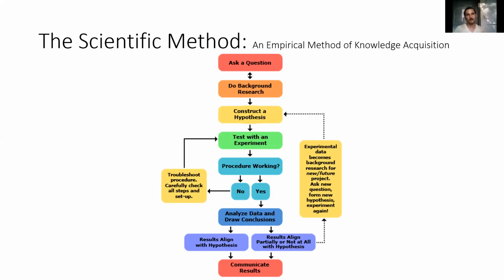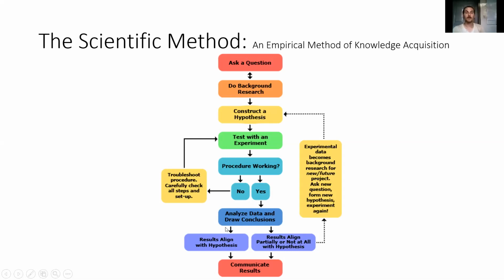And so we have to repeat the experiment and fine tune it and troubleshoot it. But whatever the case, hopefully we get to some kind of conclusion down here where we are analyzing data that we collect and we draw a conclusion. And of course, even when results align partially or not at all with the hypothesis, it's just back to the drawing board.